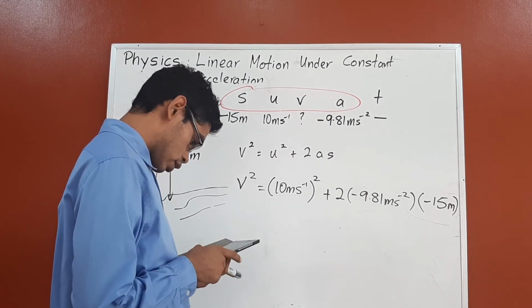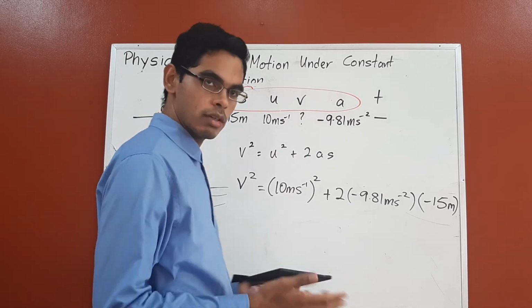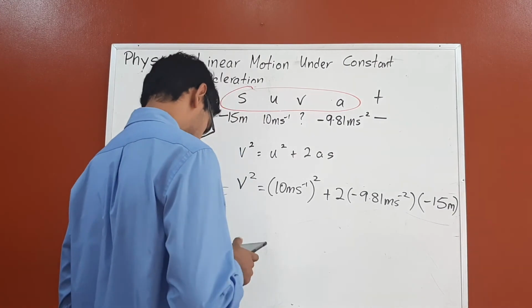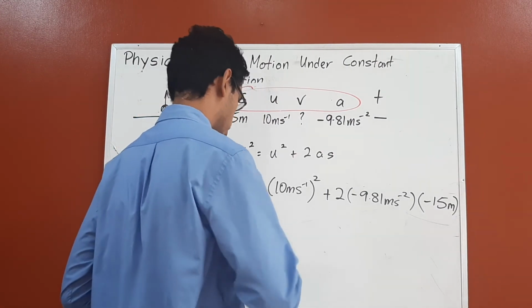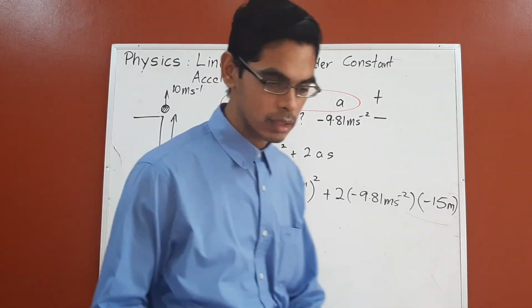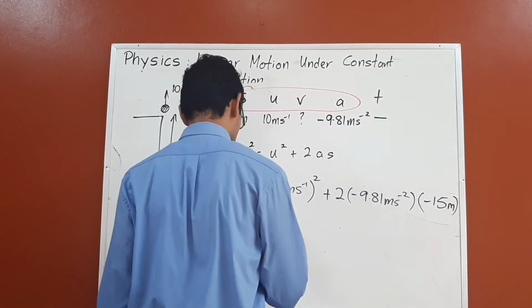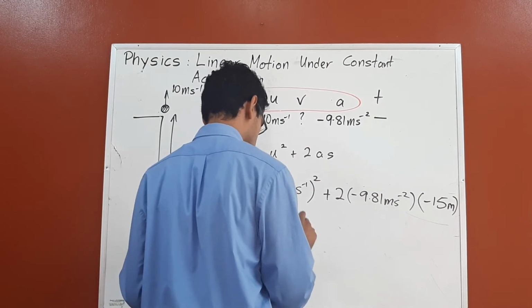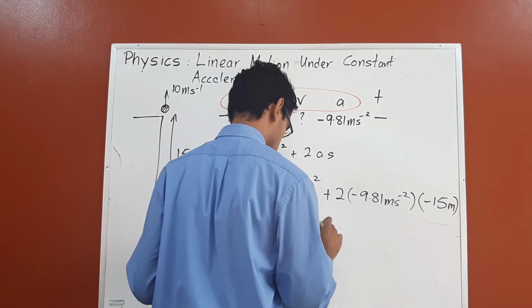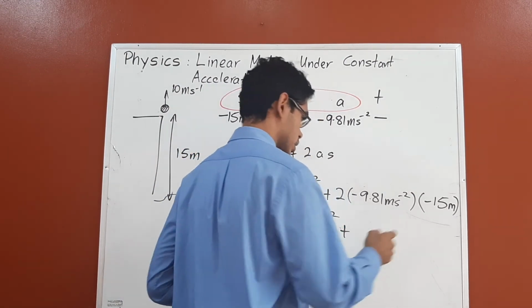Didn't bring mine, but that's fine. You have a phone. Phones are calculators. We already know that 10 squared, 10 times 10 is 100. So that would be 100 meters squared per second squared. That's fine. What's the next part?